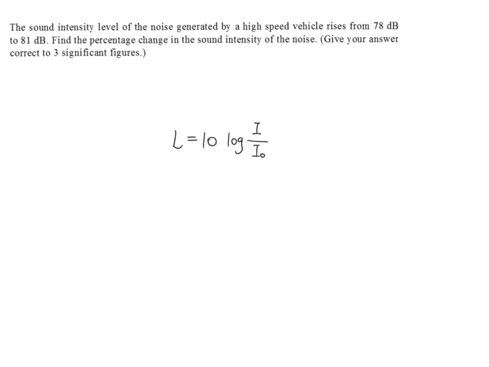Now, one of the most used applications of logarithm is sound intensity level. This is given by this formula here, where L is the actual sound intensity level that we want to calculate, and it's equal to 10 times log of one number over a fixed constant.